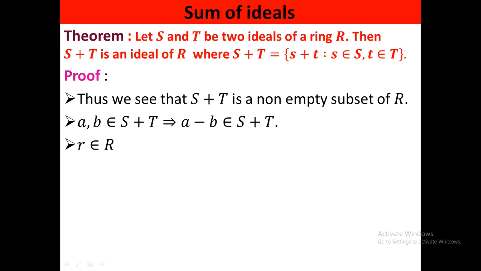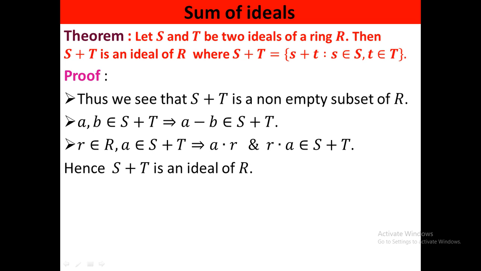And R dot A and A dot R are elements of S plus T for all elements R in the ring and all A in S plus T. That means the second condition for ideal is satisfied. As a result, you can conclude that S plus T is an ideal of R. So the sum of two ideals is also an ideal of that ring.